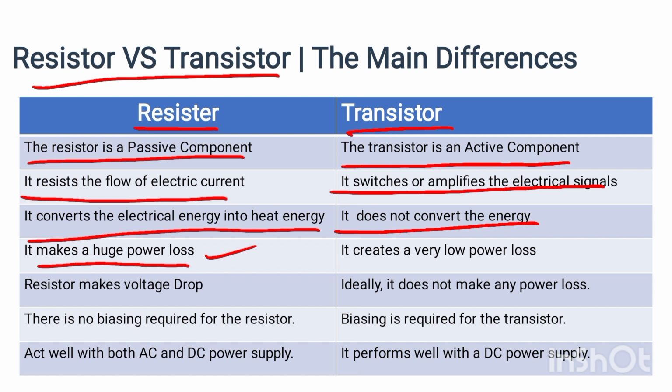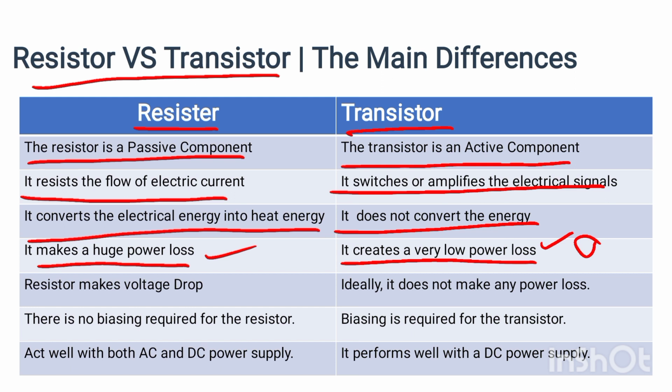But when coming to the transistor, it creates a very low power loss. Ideally, the power loss of a transistor is zero, but practically every component has its own power loss based on its properties. So a transistor has very low power loss according to its behavior and characteristics.